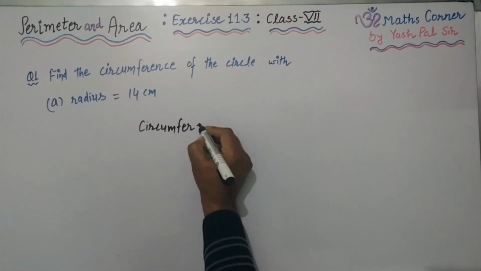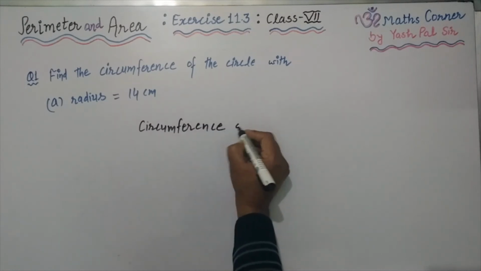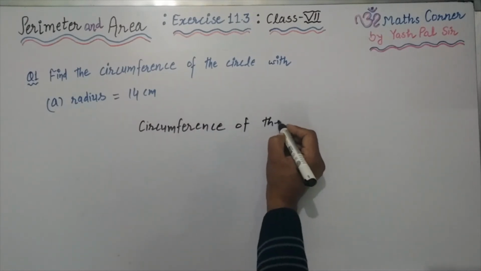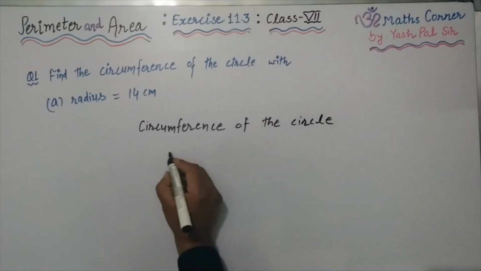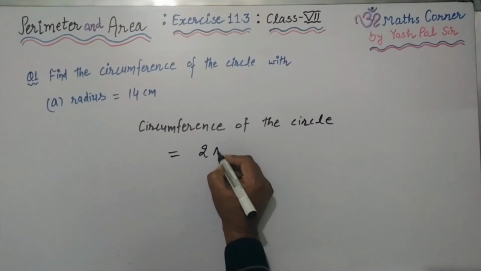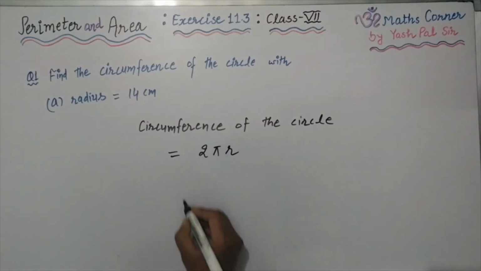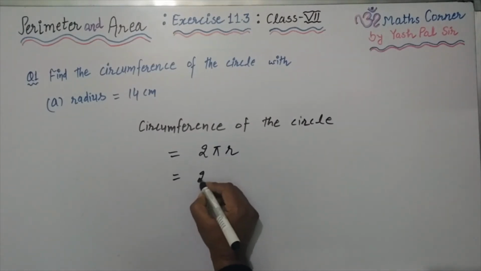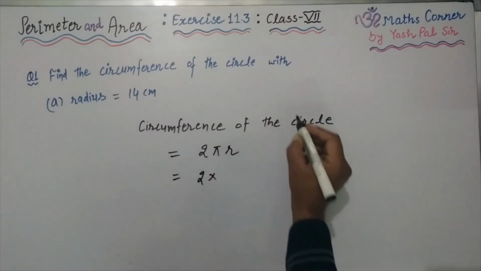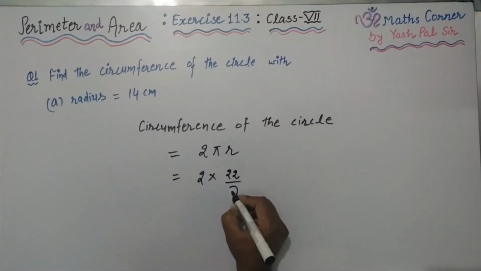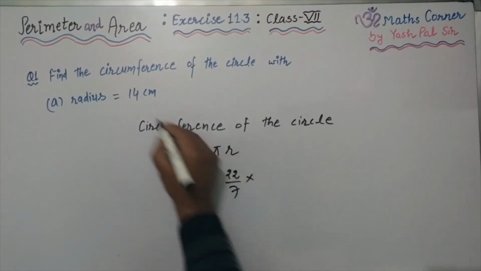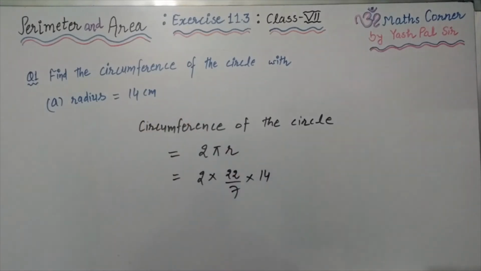Circumference of the circle, formula is 2 pi r, right? So here 2 into pi, this is equal to 22 upon 7 into r, r is 14, this is given.